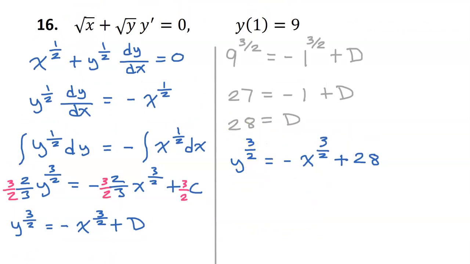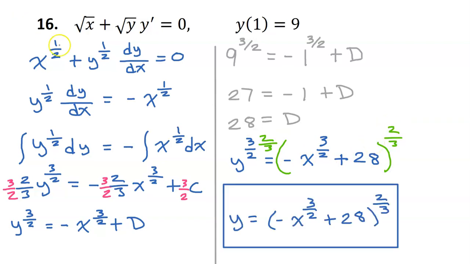So I am going to raise both sides of the equation to the 2/3 power. Be careful, you cannot do a distributive property with exponents. So I cannot do the 2/3 power separately to each term. I must raise the entire right-hand side of the equation to the 2/3 power. So this is the final answer for number 16.